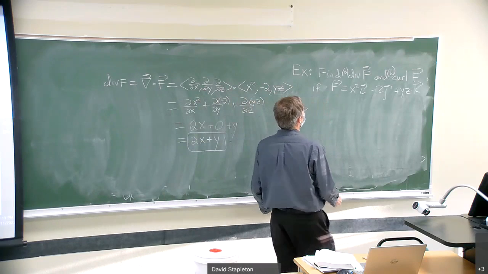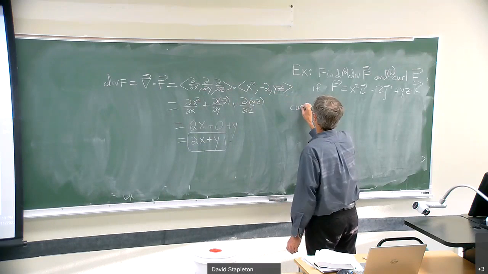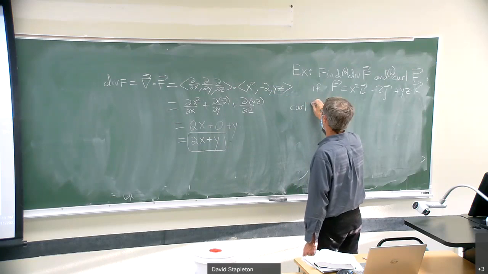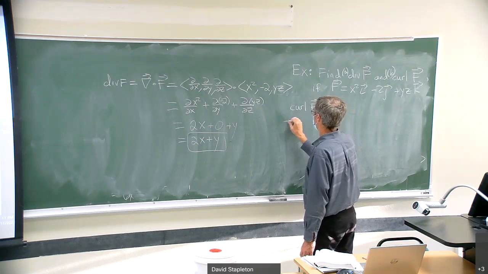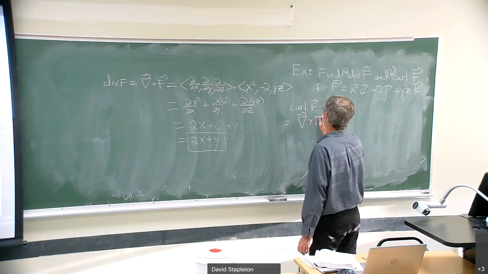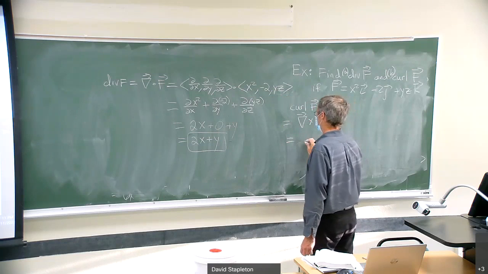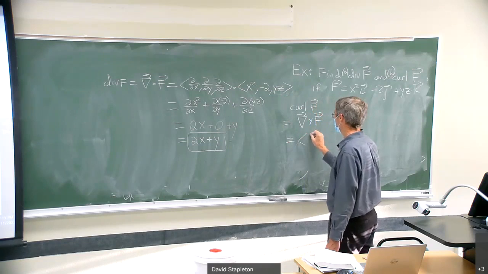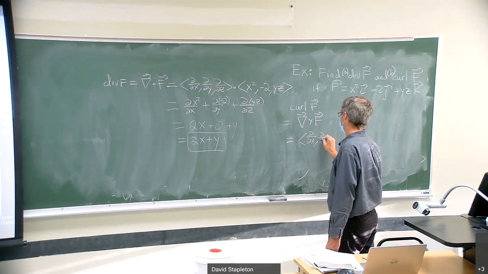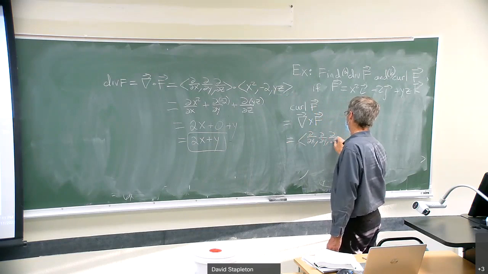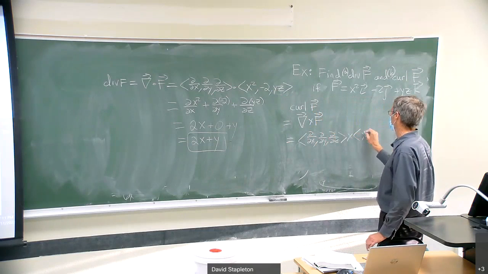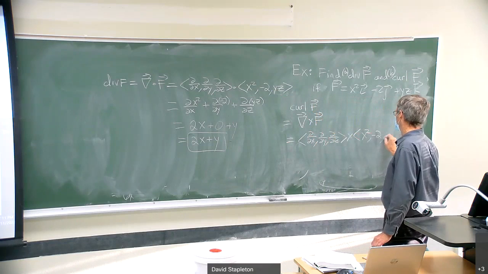How about the curl? Curl of F means you take del cross F, means that you take ddx, ddy, ddz cross product with F, which is x squared, minus 2, yz.